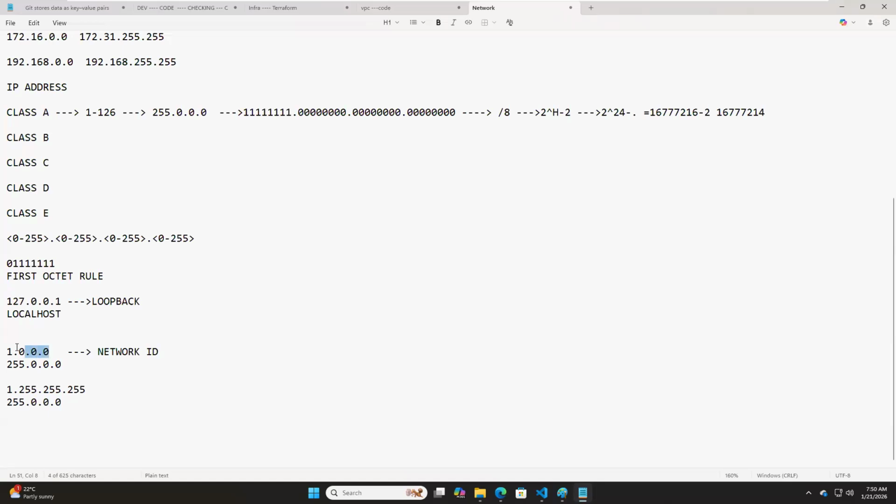All zeros in the host portion is the network ID, and all ones in the host portion, like 1.255.255.255, is the broadcast ID.